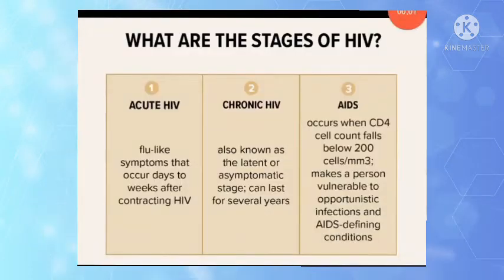What are the stages of HIV? First is acute HIV, with flu-like symptoms that occur 2 weeks after contracting HIV. Second is chronic HIV, also known as the latent or asymptomatic stage, which can last for several years. And the last, AIDS, occurs when the CD4 cell count falls below 200 cells, making a person vulnerable to opportunistic infections and AIDS-defining conditions.